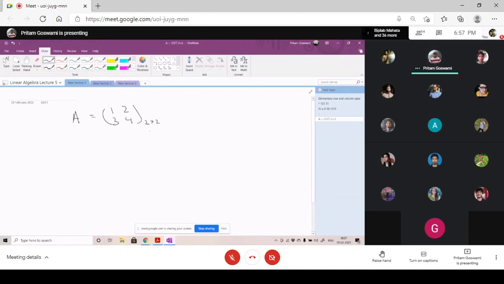I told you in your previous class that a matrix is nothing but a linear transformation, right? So what is the corresponding linear transformation of A?